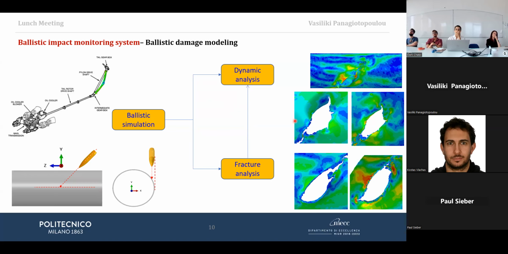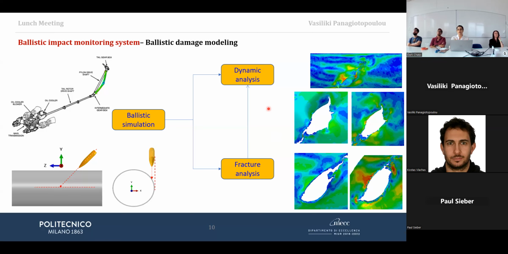The fracture analysis has been done in the LS-DYNA environment for different ballistic parameters, such as velocity of the bullet and incident angle with respect to the shaft. And later, after the fracture analysis, dynamic analysis was also performed in order to understand how the frequency response of the shaft has changed due to the presence of the damage.